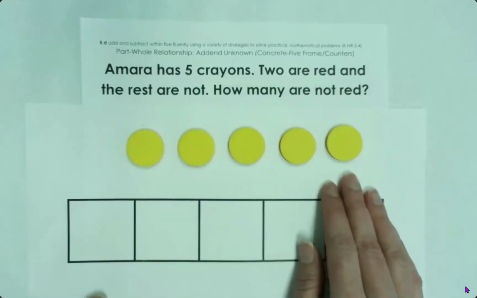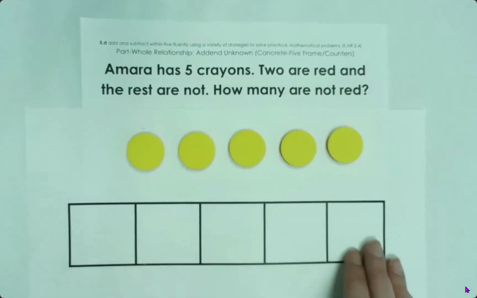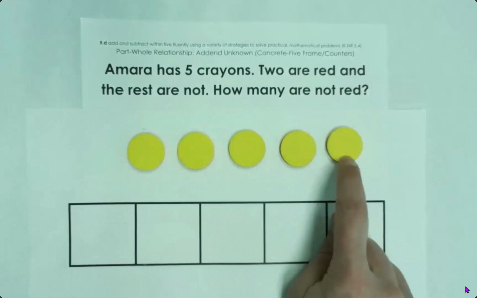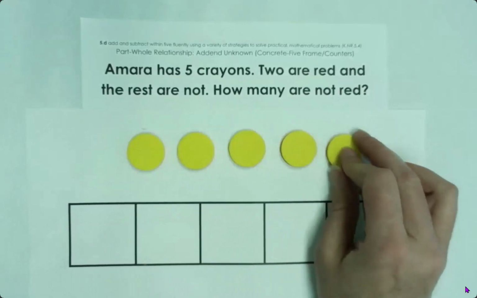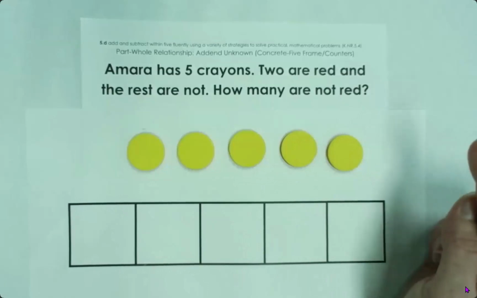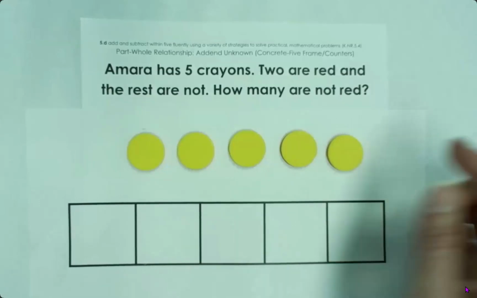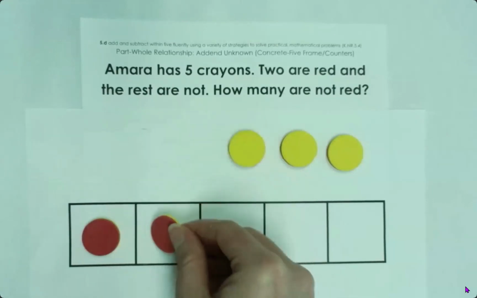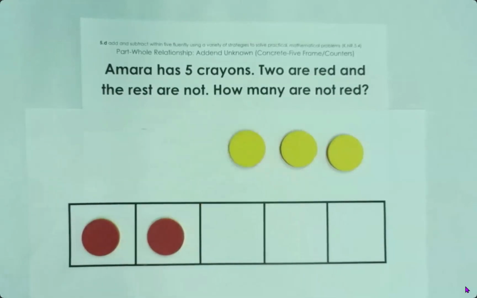Now, as I continue to read the situation, I'm going to model in the 5 frame. So these are Amara's 5 crayons. She's not getting any more crayons and she's not giving any crayons away. The situation says that 2 are red. So I want to go ahead and put in my 5 frame that 2 are red. The rest are not.